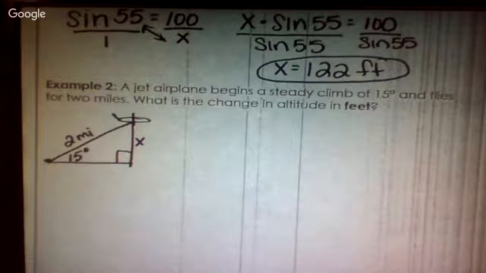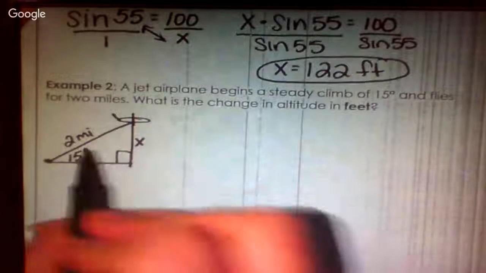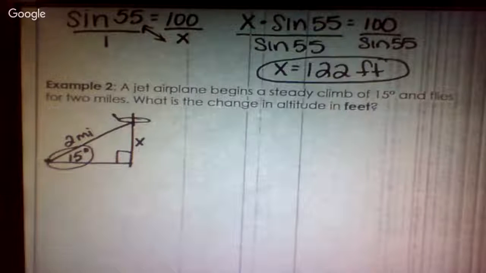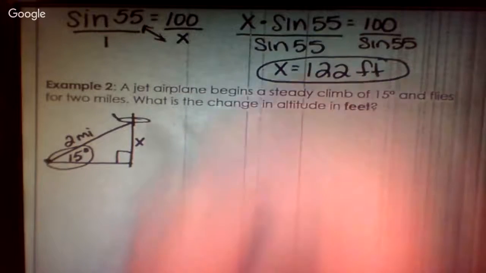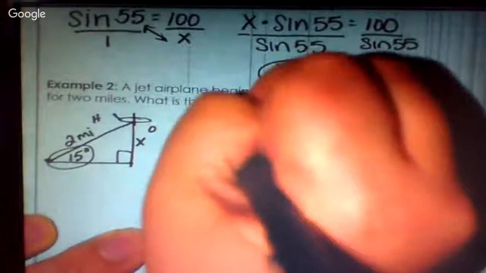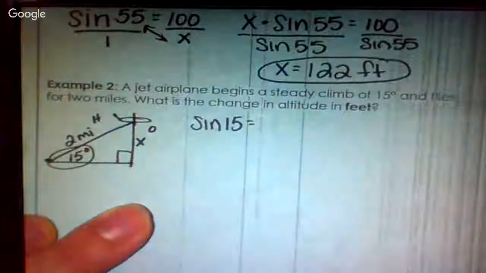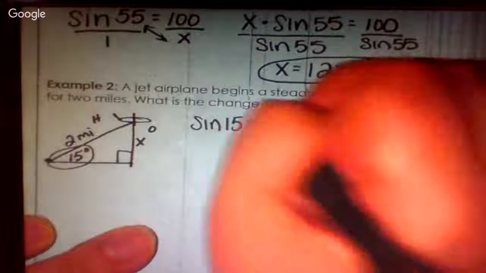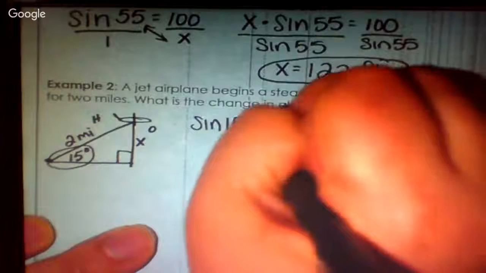So again, we need to figure out what trig ratio I'm using. We're using sine again. X is your opposite side, 2 miles is your hypotenuse. So the sine of my angle, what goes on top this time? X over 2.